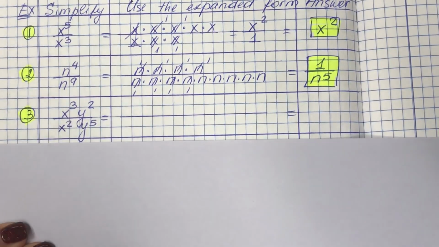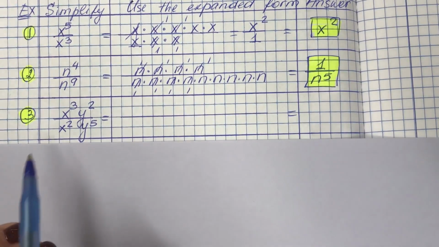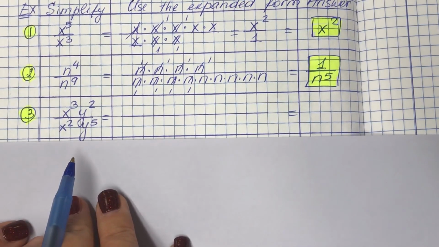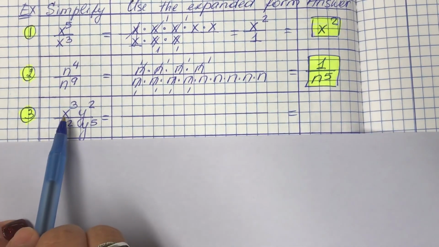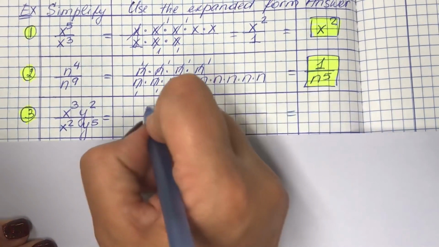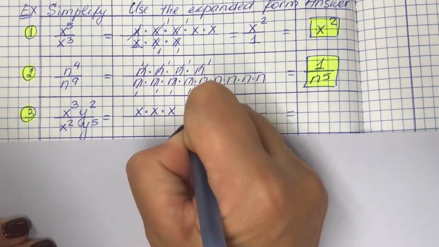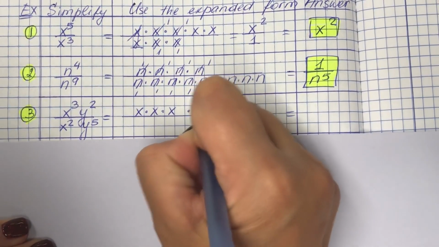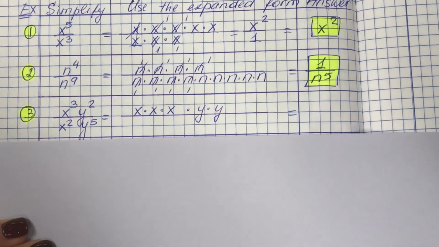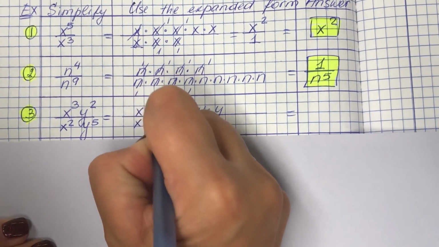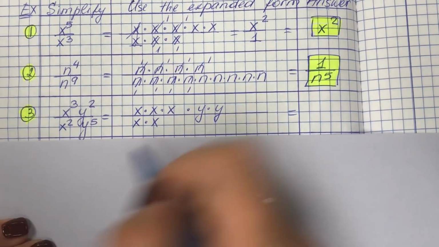So first we are going to observe how powers get simplified through common factors and expanded form. So x to the 3rd power on the numerator means x times x times x. Y to the 2nd power means y times y. The denominator is x times x, and then y to the 5th.